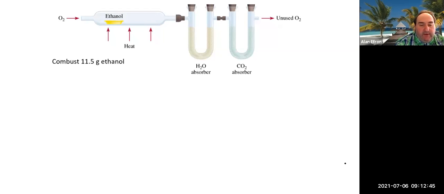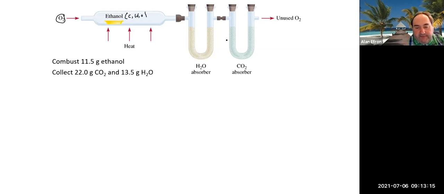So here we go. This would be a typical situation or information that would be given to you. Here's the setup. We're shooting in some oxygen gas to our sample of ethanol, which is made up of carbon, hydrogen, and oxygen. It is going to react with some heat and go through a combustion reaction. As the water comes through here, it is going to be grabbed up here.